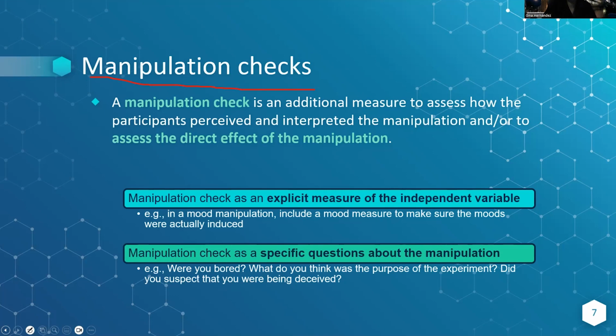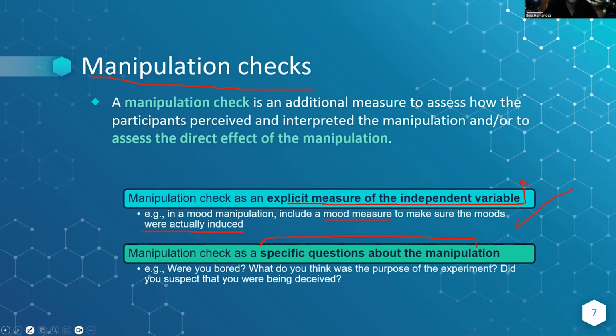You can have it as an explicit measure of the independent variable. This is a scale that you can apply. For example, if you're inducing mood, then you can apply a self-report scale and see if they are experiencing, let's say, anger. Another kind of manipulation check is asking specific questions regarding the manipulation. You can ask the subjects if they were angry, or if they were feeling abused, or bored.